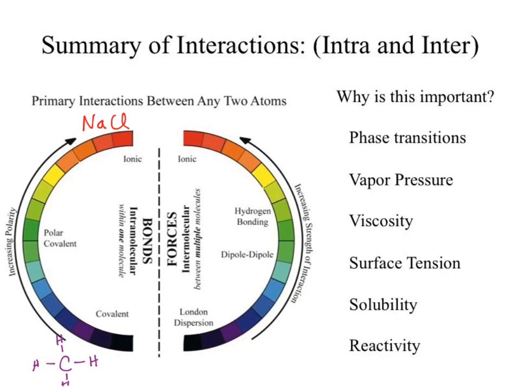You do nothing to the bond. Really cold temperatures. Okay? So what you have to realize is pretty much all of our physical properties come out of the forces. We can predict the forces by knowing what bonds we have. But our covalent bond is still stronger than an ionic bond.